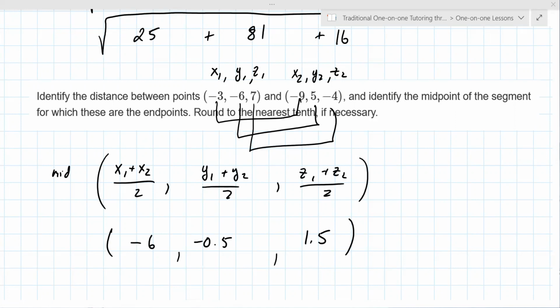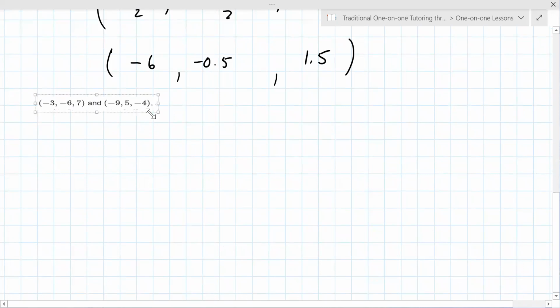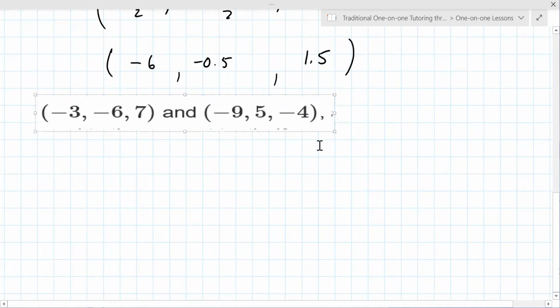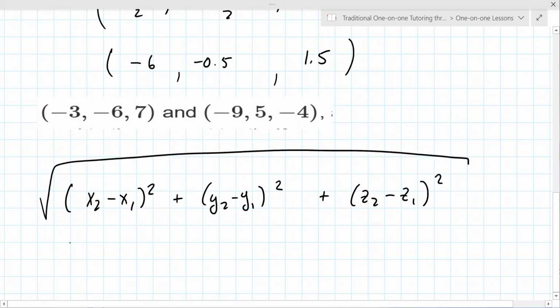The distance formula, again, it's very algorithmic. If you have that Desmos scientific out, your distance is x2 minus x1 squared plus y2 minus y1 squared plus z2 minus z1 squared, square rooted. So in your Desmos scientific, you can take that x2 minus, 9 minus minus 3. Okay, and remember, it'll do the calculation for you. You don't have to do it. It'll fill it in.